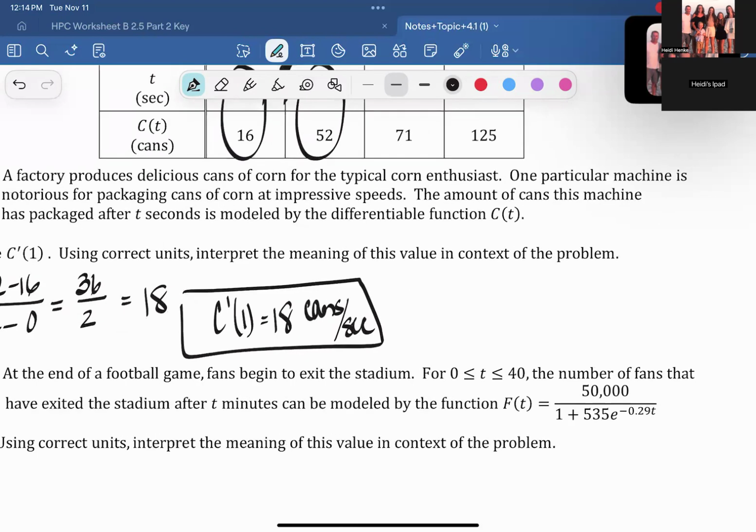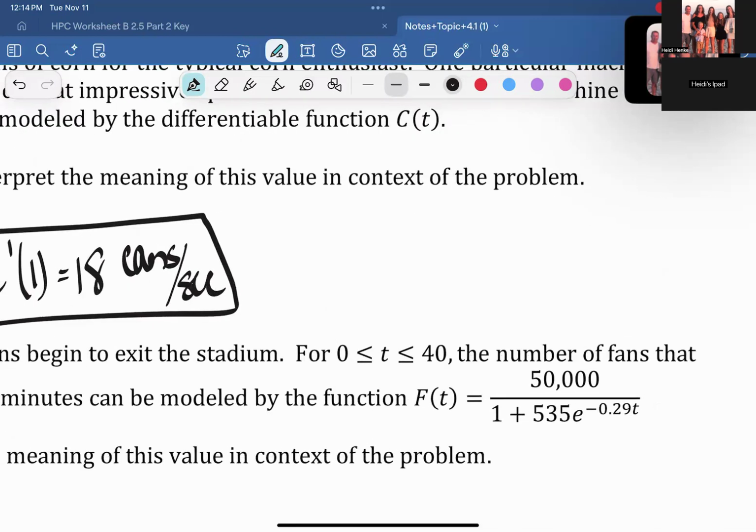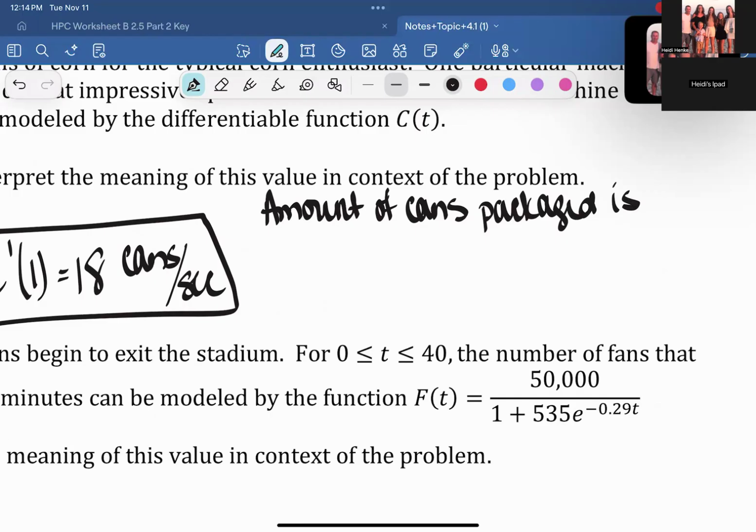Now I have to write a sentence with all of those pieces that they asked for in the box above. Okay, so the amount of cans packaged, it's positive, right?